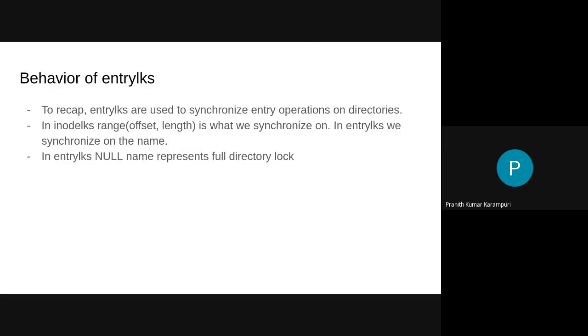Just to recap, entry LKs are used in GlusterFS to synchronize entry operations like mkdir, touch, create, mknod, hard link or rename, all these directory operations that manipulate file names.